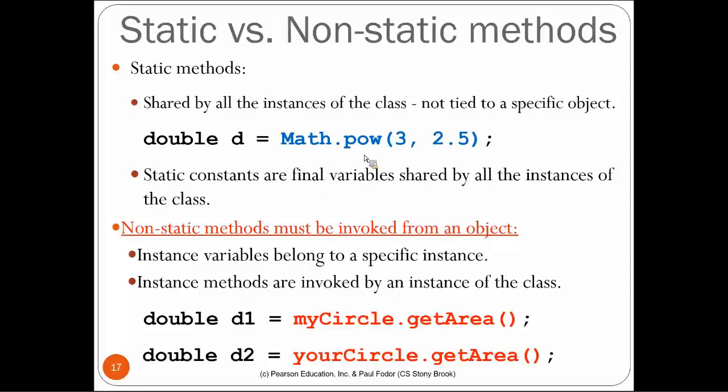So the difference between the two types of methods is that static methods take as parameters all the values they need, and they may be preceded by the name of the class because we want to import them from a specific class in the Java API or in another class defined by us. While non-static methods are invoked from an object. We have to specify the object and then the method that we invoke for that specific object.